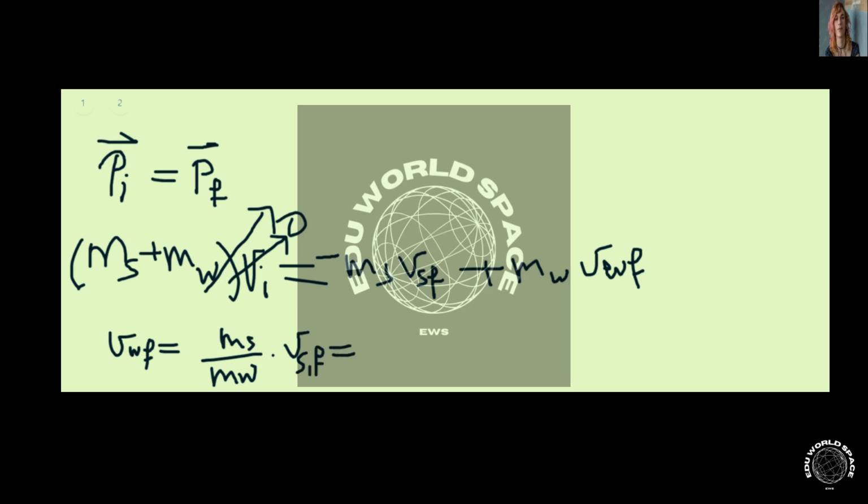And I do have each one of these masses, and I have the squid speed. So the mass of the squid, we figured out, is 4.75 kilogram, and the mass of water expelled is 1.75 kilogram, times the speed of the squid, 2.5 meter per second.